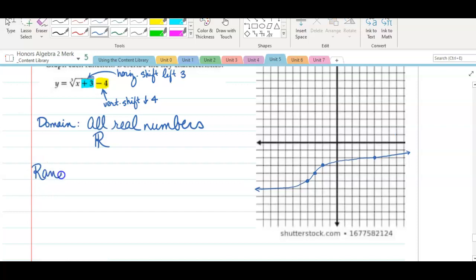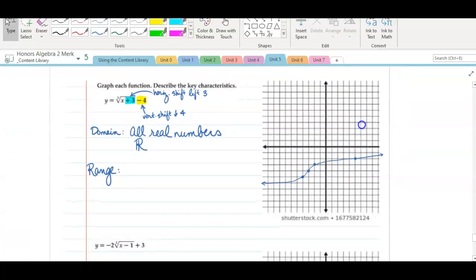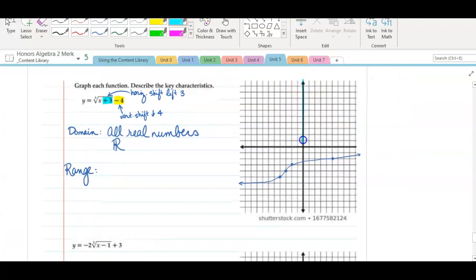For the range, we're looking along the y-axis. Where is the graph? To the left and right, you know? Well, initially you might say it's from about here to about here, because that's where my graph is. But you need to also think, we haven't graphed the entire function.